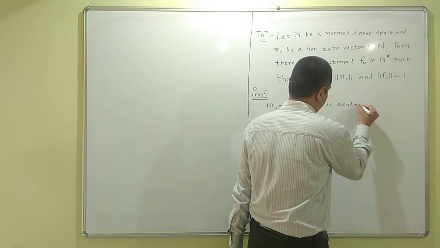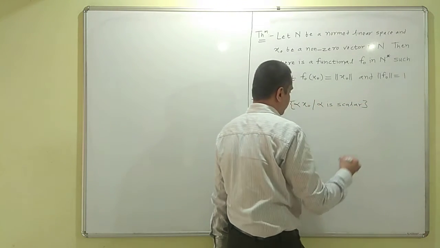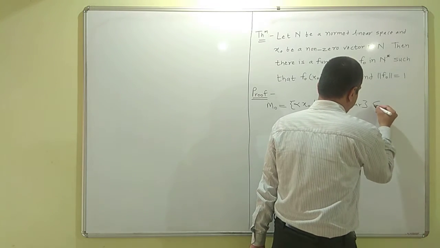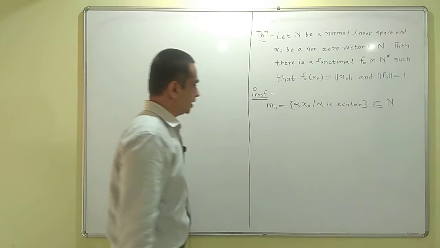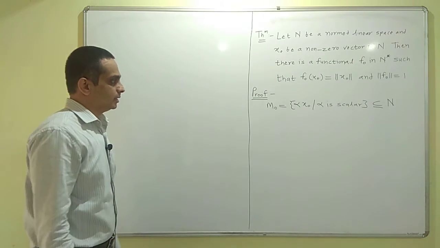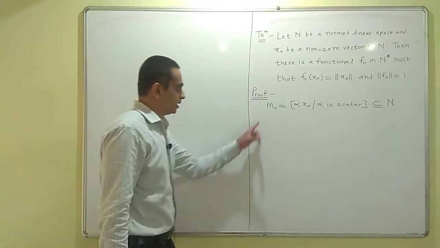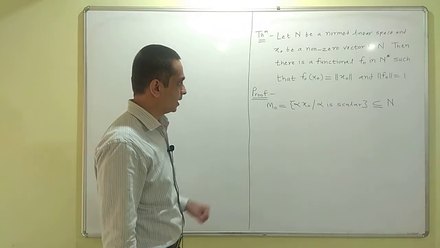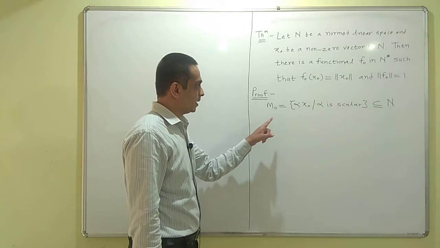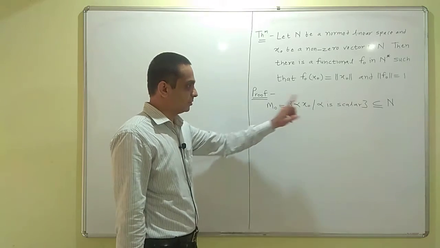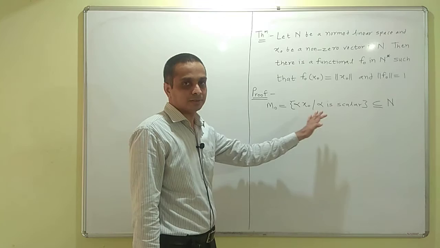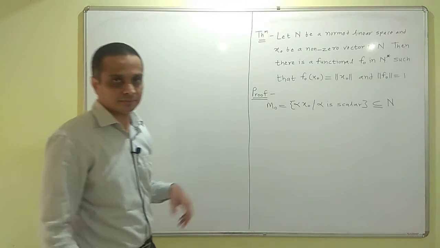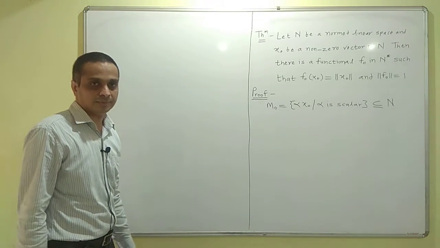Scalar means real or complex number. It is a subspace of N. We are defining a linear subspace M0 of N as a space spanned by vector x0. Basically, it consists of all scalar multiples of vector x0.